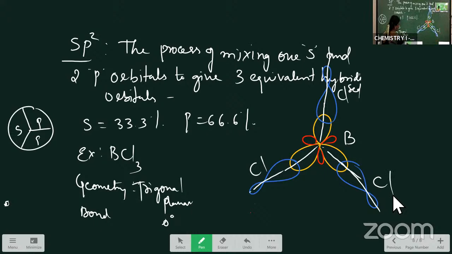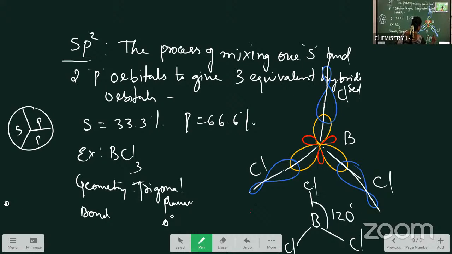Or in the simple way, if you want to draw the diagram, so this is boron at the center. So this is one Cl atom, this is one Cl atom, this is one Cl atom. So what is the bond angle here? 120 degrees. Okay, student, this much if you write, you will get 2 marks. Take the screenshot, students. Go to the next one.